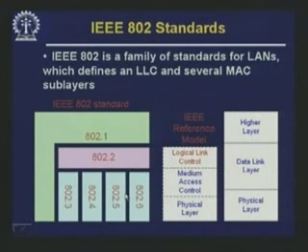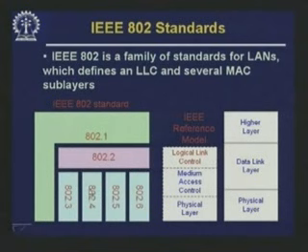And this is the broad picture. We have been referring to numbers like 802.1, 2, 3, 4, etc. So, IEEE 802 is a family of standards for LANs which define an LLC and several MAC sublayers. 802.1 is some overview kind of thing, which encompasses all these. 802.2 is the LLC part, which we will be talking about now.